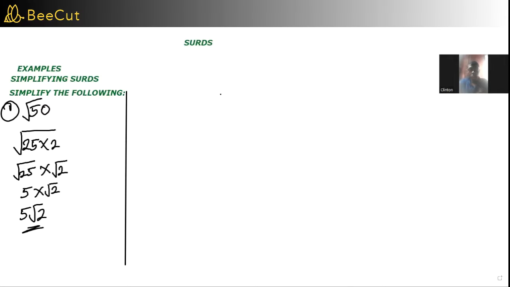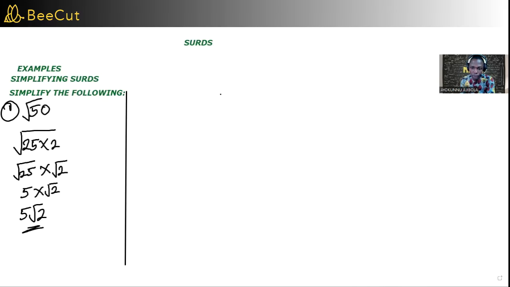What if you use something like 10 times 5? 10 is not a perfect square, and 5 is not a perfect square. So you must surely use a perfect square, otherwise it might not be something you can simplify.